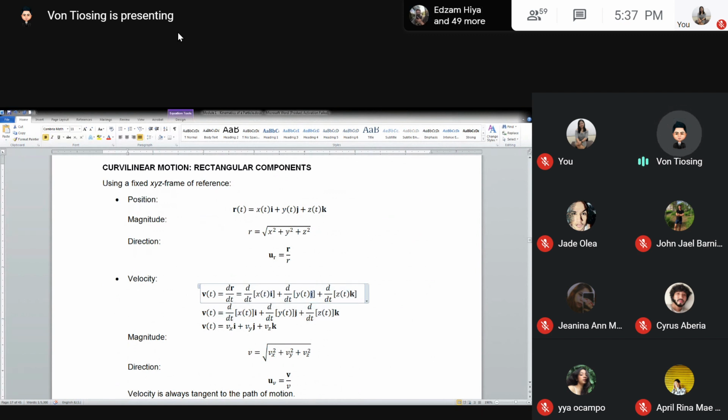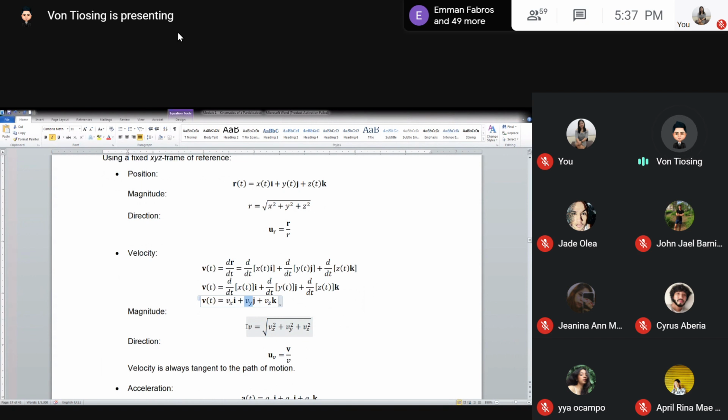Since yung i, j, k are basis vectors, it can be treated as constant, pwede mo siyang ilabas. Or differentiate mo na lang yung x, y, and z components with respect to time. So you get the x, y, and z components of the velocity. As with this, you get the magnitude by means of the Pythagorean theorem, and then the direction is equal to what? Yung velocity vector na v divided by the magnitude.